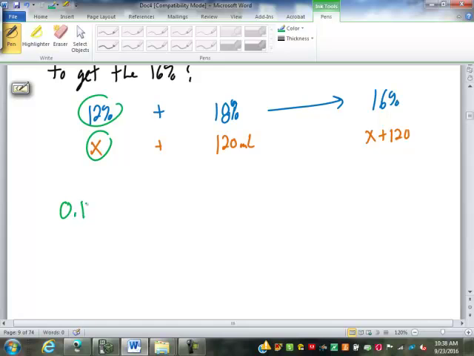So 12% is 0.12 times X, plus 18% is 0.18 times 120. That's going to have to equal 16% is 0.16 times X plus 120.